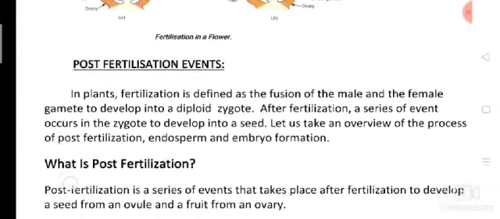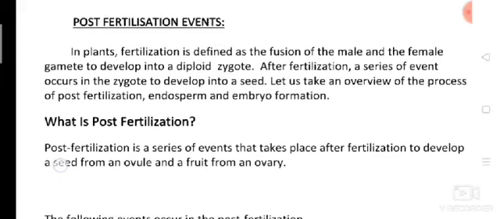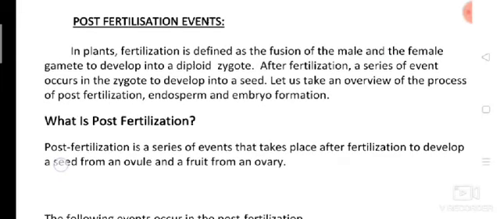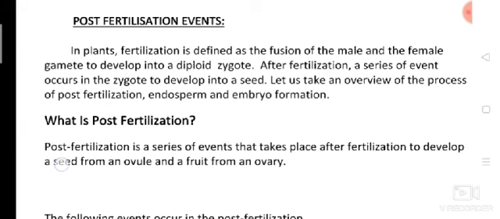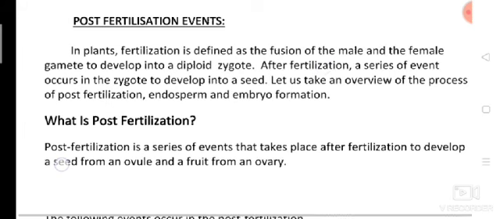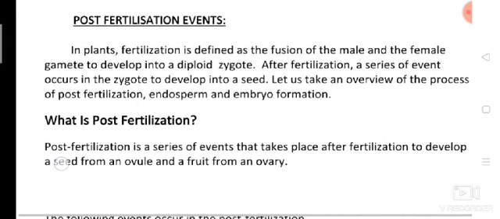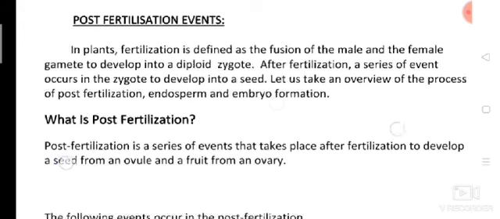Post-fertilization events. In plants, fertilization is defined as the fusion of male and female gametes to develop into the diploid zygote. After fertilization, a series of events occur in the zygote to develop into the seed. Let us take an overview of this process of post-fertilization, endosperm and embryo formation.